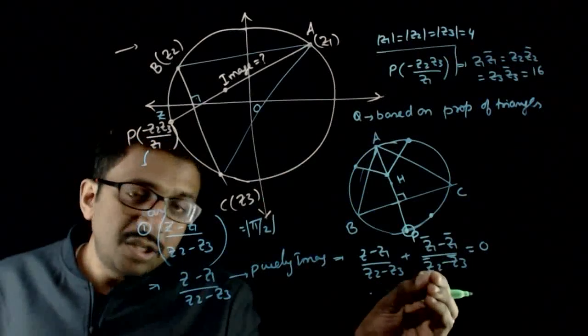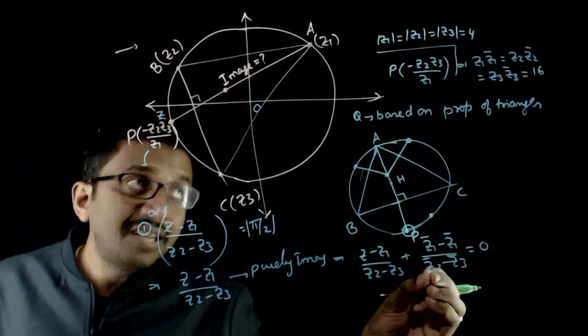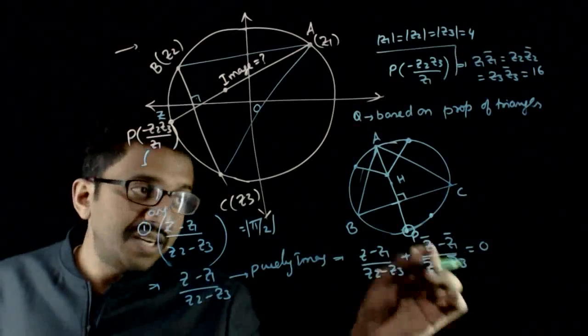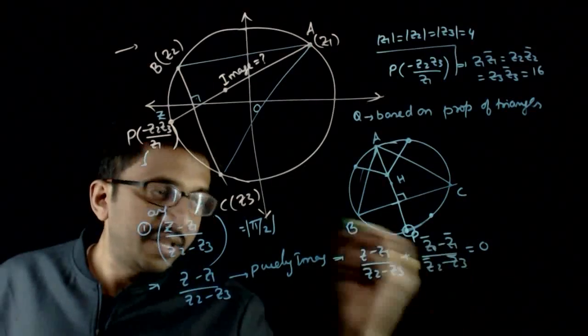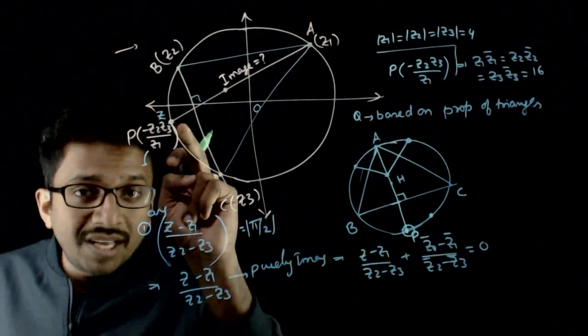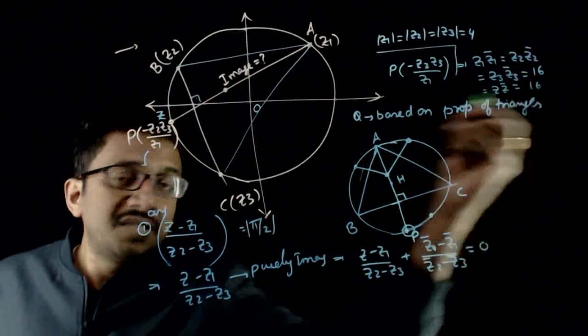So now instead of z2 bar and z3 bar, can I write z2 bar as 16 by z2, 16 by z3, right? This is z minus z1 bar, and this z also lies on this circle, so z bar should also be equal to 16 by z, right?